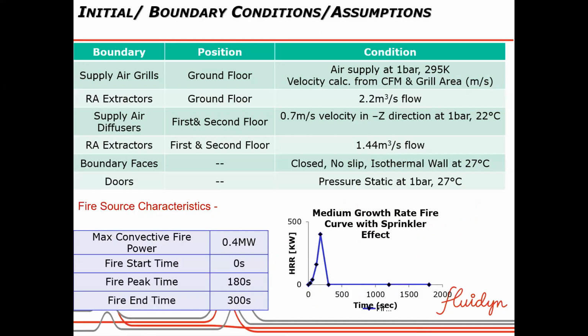These are the initial and boundary conditions: how much air is supplied, at what rate, the total air rate, and direction. Wall conditions: an isothermal wall condition is maintained, and an atmospheric pressure condition. Also the fire source characteristics, the way the fire started burning. At one particular time it was suppressed.